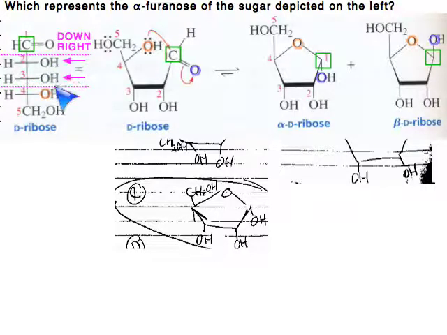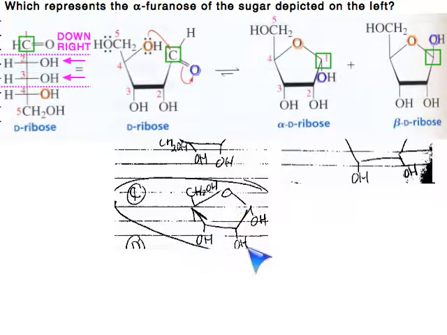So these two OHs will be down like this. So if, for example, we looked at an answer key where one OH was up and the other was down, that would not correspond to this Fischer projection, and it would be wrong. Okay? So that's the kind of information you need to think about for sugars.